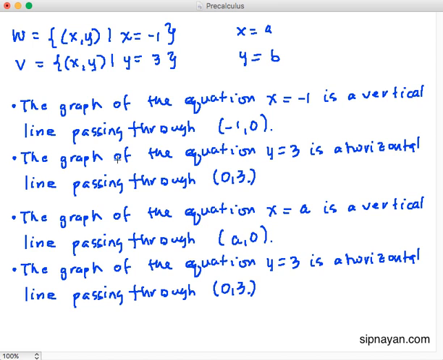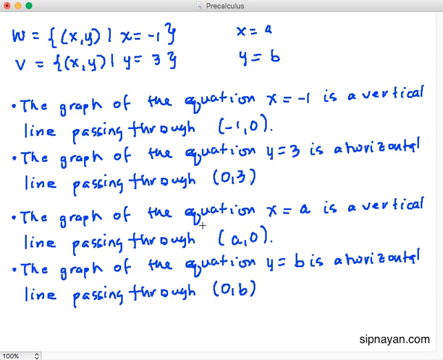At the same time, y equals b is still a horizontal line passing through (0, b). Okay, so I think that's the generalization.